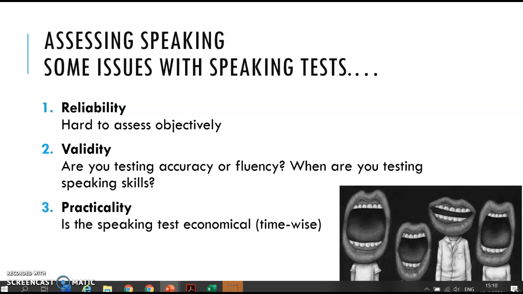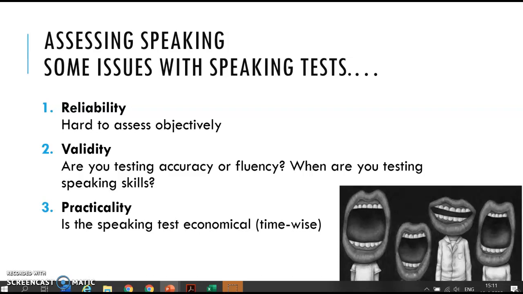It's also very hard to stick to the validity of a test, because what happens very often is that we intend to assess fluency, for instance, speaking fluency, and we are presented with a rubric or criteria of assessment that deal with, for instance, grammar or spelling or coherency, which basically are testing accuracy rather than fluency at this point.